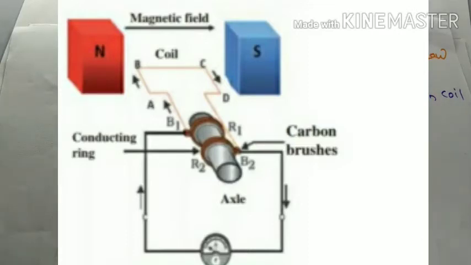The magnitude of the EMF is proportional to the rate of change of the field, or the rate of cutting flux, while its direction depends on the direction of the change.